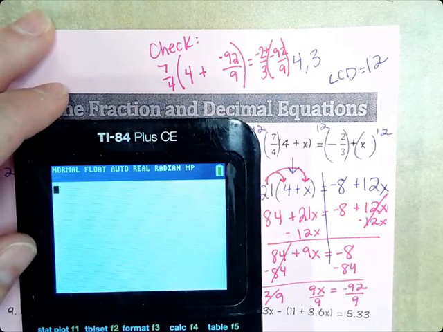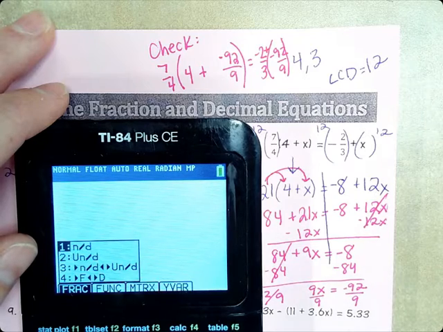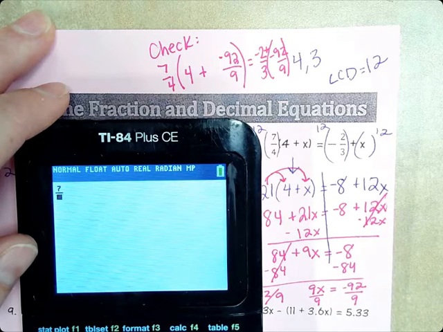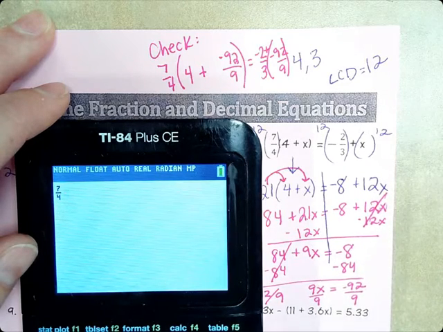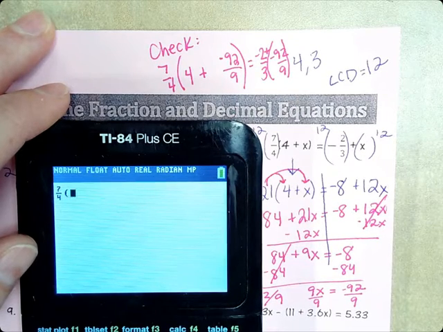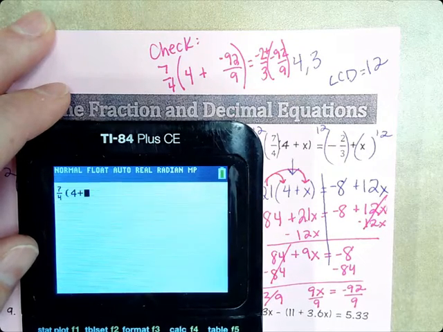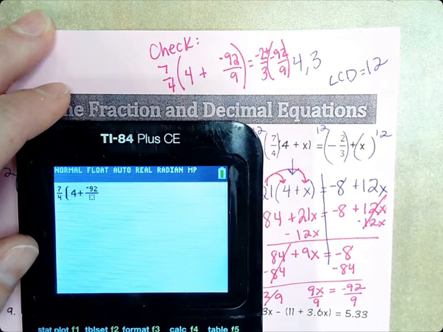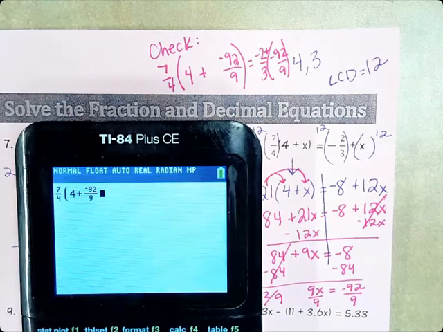All right, so put in our fraction, 7 over 4, 4 plus negative 92 over 9. You need to be practicing putting this in, because there are times that you will get fraction answers like this one.